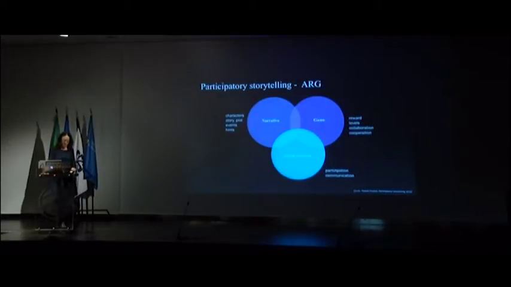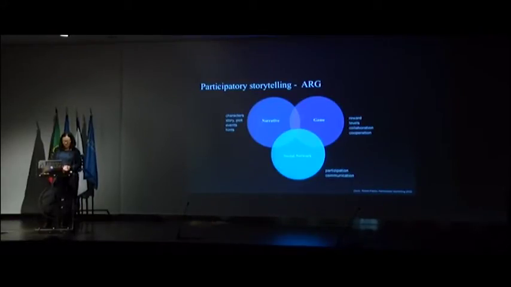If we look at the model of participatory storytelling, we have the narrative, the game, and the social network. In the game, we have cooperation, where all who are involved are agreeing and doing together, collaboration, and we have reward.